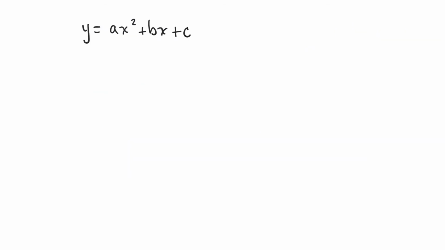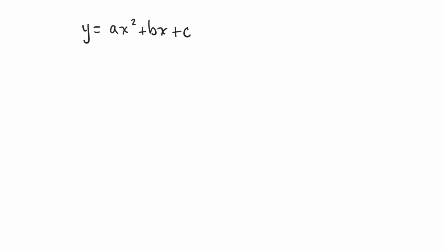All right, so we can determine if it opens up or opens down just by looking at the sign on this a here. Now we're going to find out how to determine the equation of the axis of symmetry, okay?